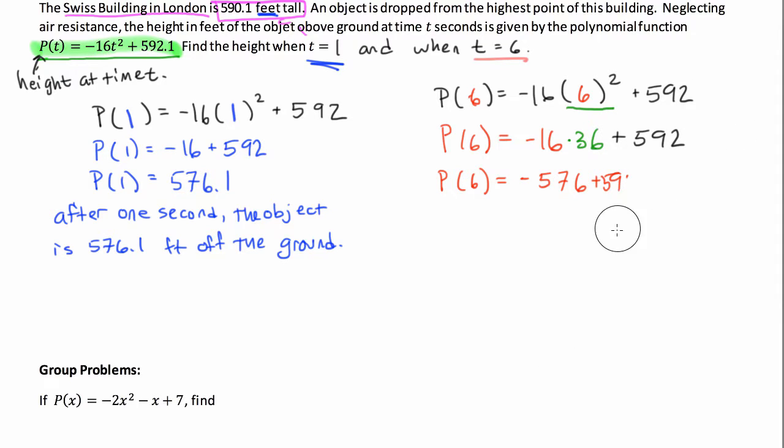Whoops, I'm going to fix that. Plus 592. When I add those together, I get P of 6 equals 16.